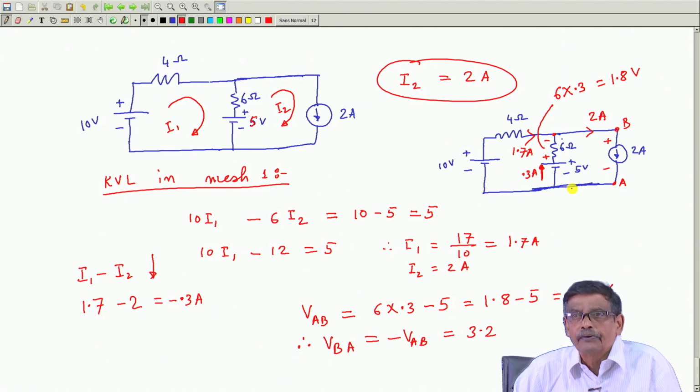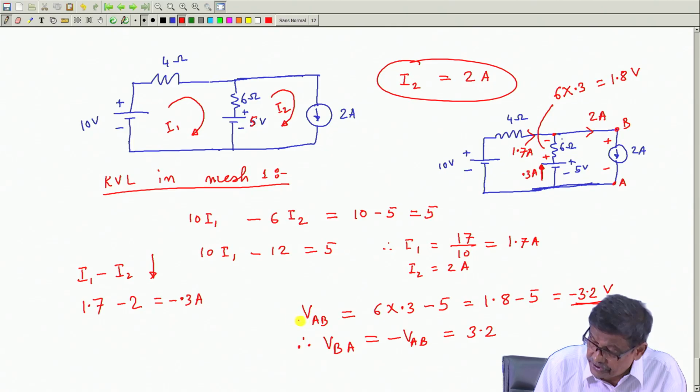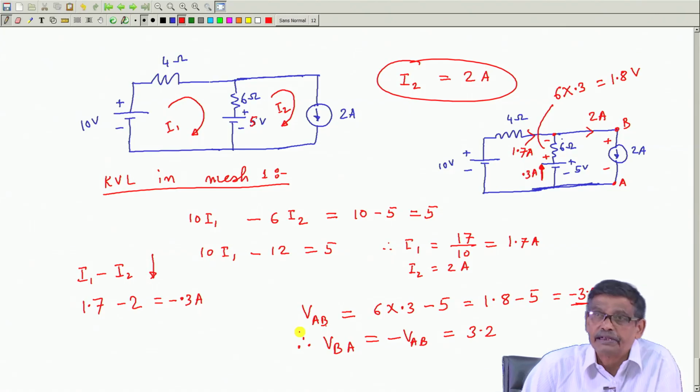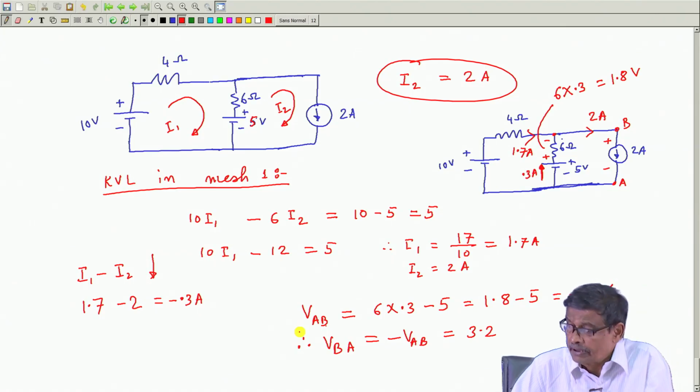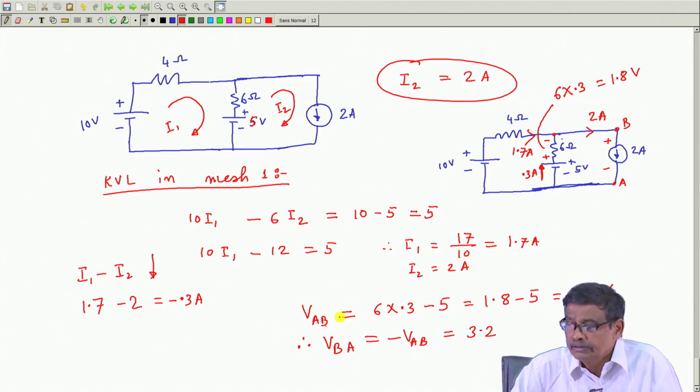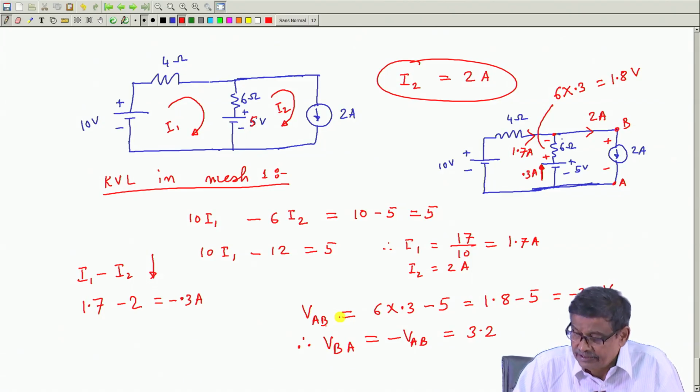To calculate VAB, meaning potential of A with respect to B, start your journey from B, try to reach the point A, and whatever number you get will be the voltage difference. If that becomes plus, A is at higher potential than B. If that becomes minus, it is the other way around.